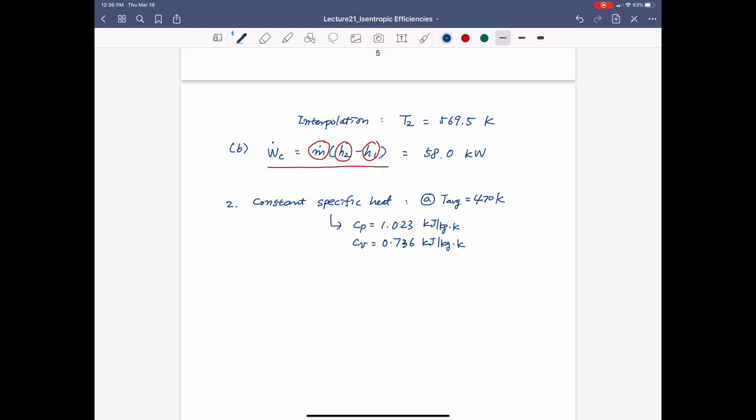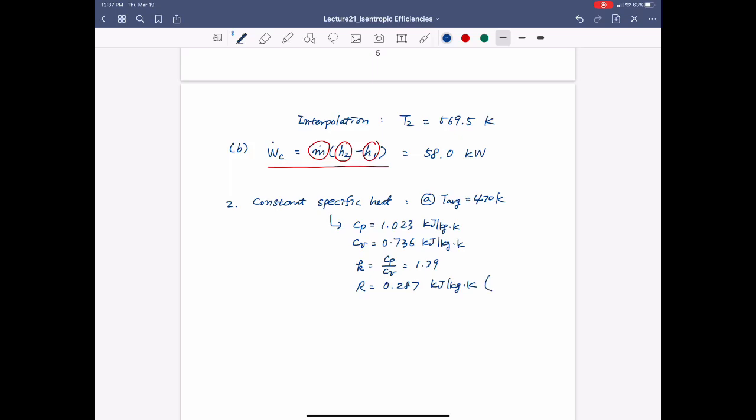And from these Cp and Cv values, you can also calculate k, which is Cp over Cv. Now that is 1.39. And also for air, the gas constant is 0.287 kilojoule per kilogram Kelvin.